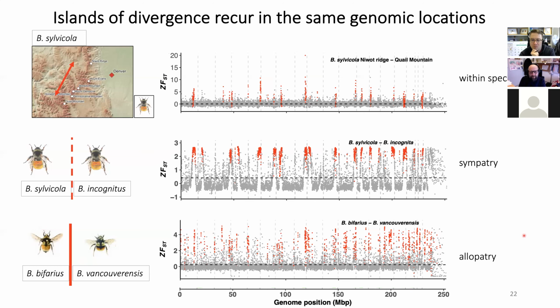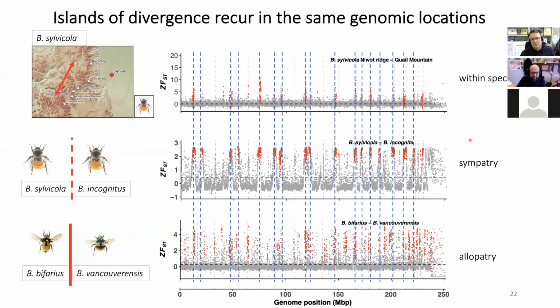And I think what you can see is that there are definitely quite distinct peaks of divergence across the genome. So there are peaks which characterize differences between them, and these peaks tend to occur in pretty much the same location in all of these different comparisons.